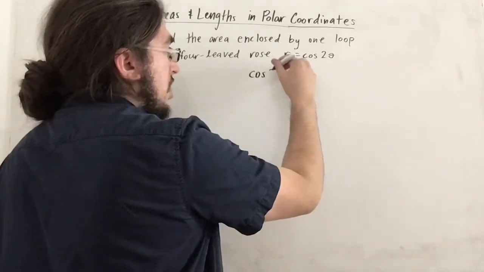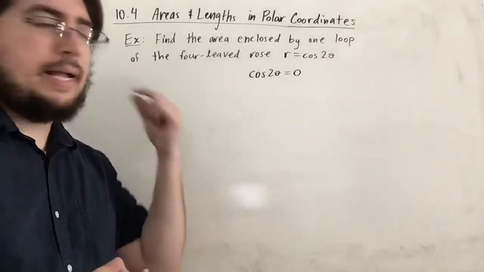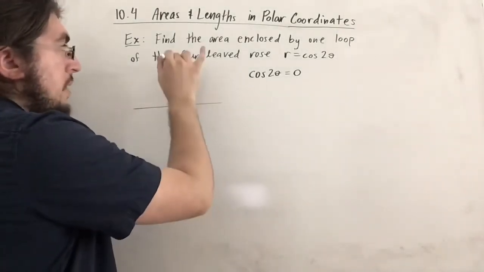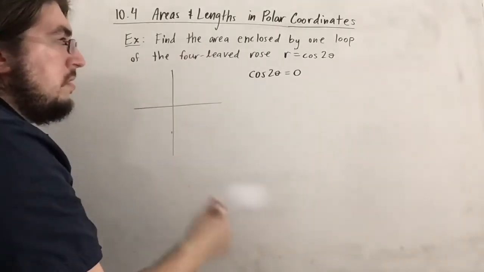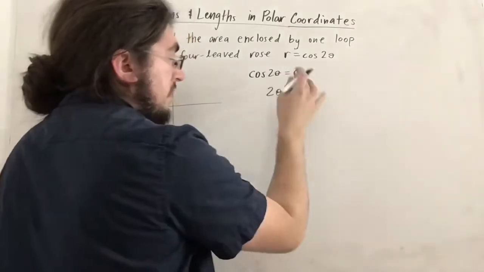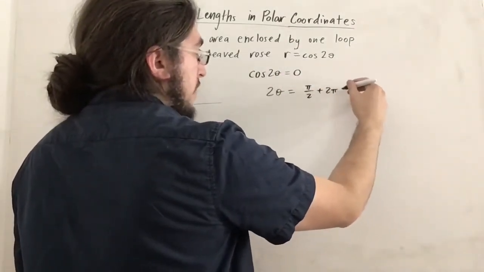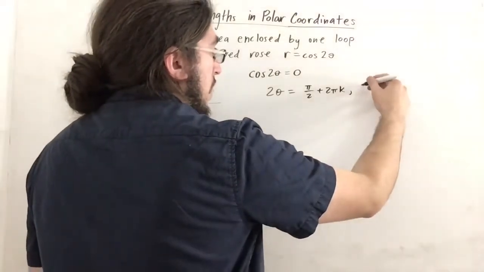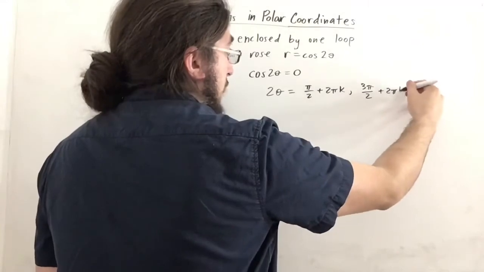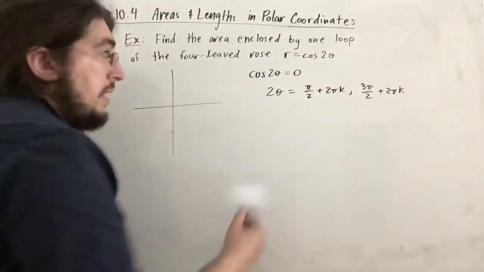So if you solve this equation, cosine is 0 at pi over 2 and 3 pi over 2. So we want 2 theta, the inside of cosine, to be pi over 2 plus a multiple of 2 pi, or 3 pi over 2 plus a multiple of 2 pi. That multiple of 2 pi part is important because we're going to divide by 2 to get theta by itself.